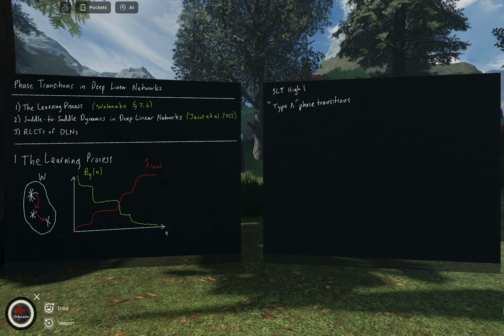Ideas welcome here. Does anybody have an idea? And to see what's going on here, well, let's start with our favorite formula of all time. The free energy formula.